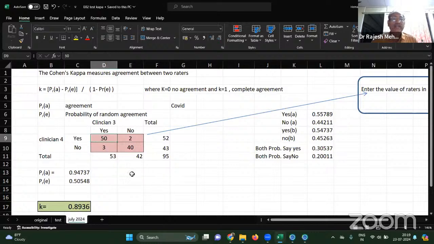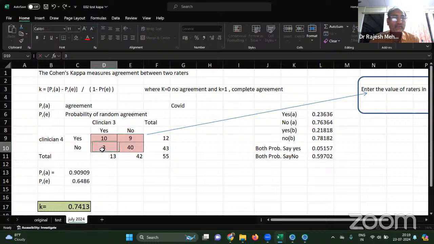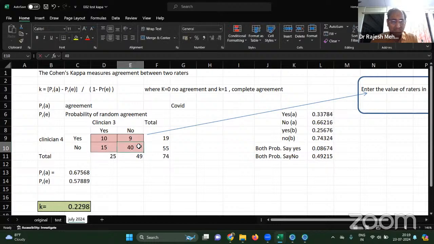So here you will add figures. Say both teachers agree in 10 cases, disagree in 9 cases, both disagree, yes-no, around 15, and both disagreement only 10.